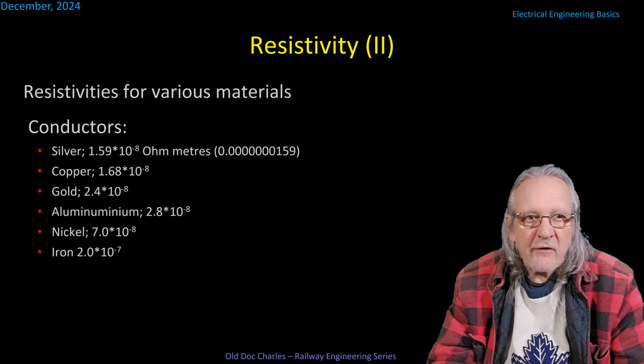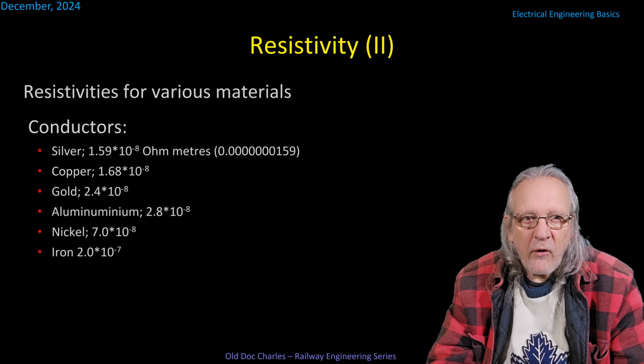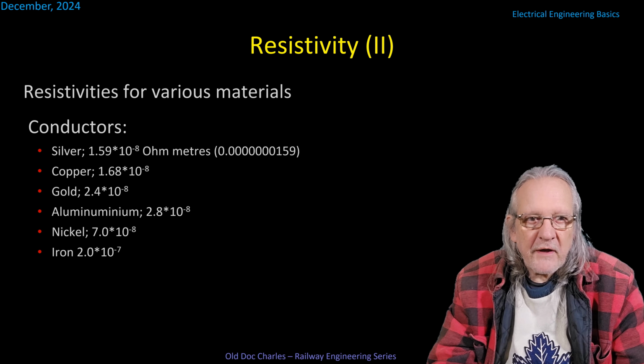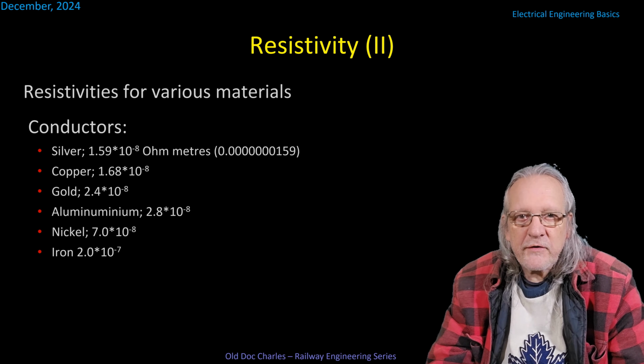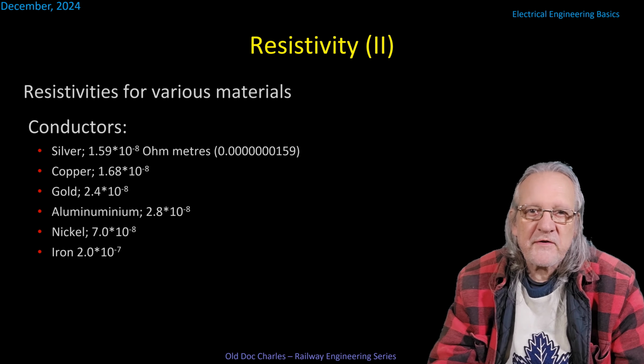It's just slightly worse than silver. And then there's gold, again a bit worse. And then we've got aluminum, which is worse still. And then you've got other ones that get worse and worse. The thing is, we use copper partly because it's a good conductor and it's a lot cheaper than silver.